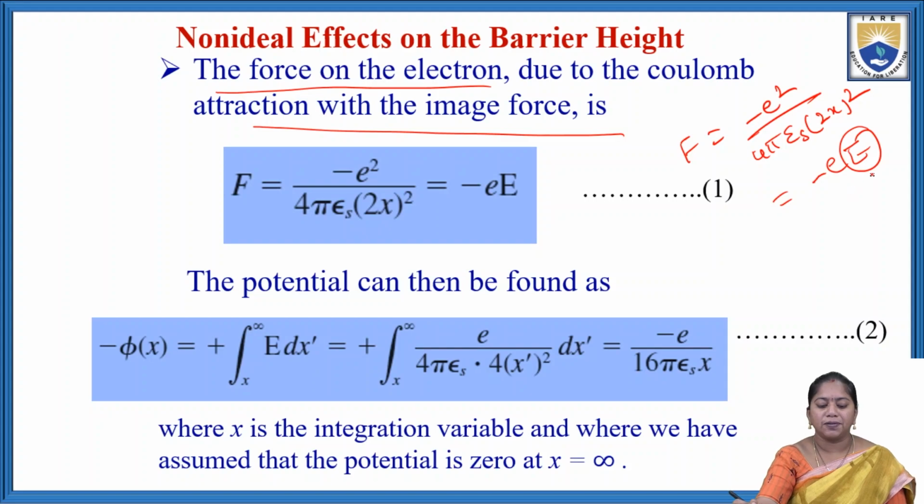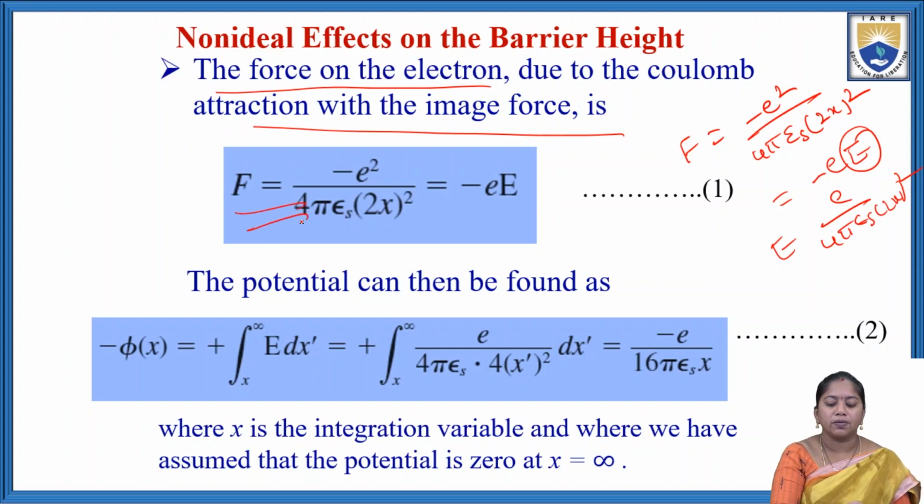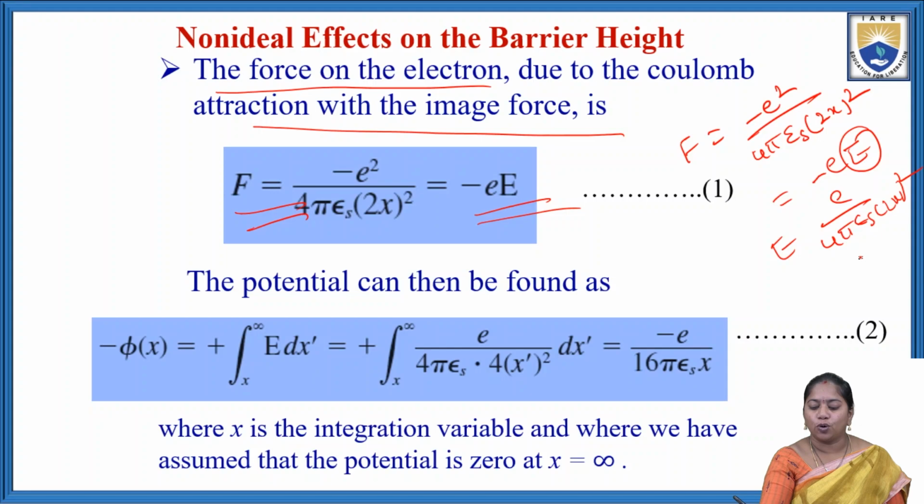The electric field value is e by 4 pi epsilon s into (2x) whole squared. That is equation 1.